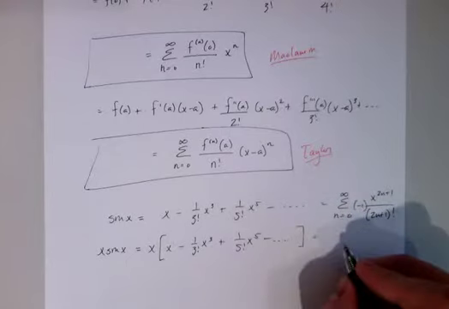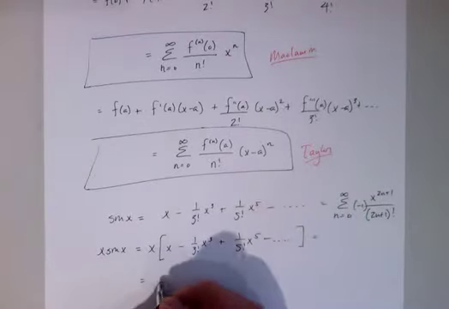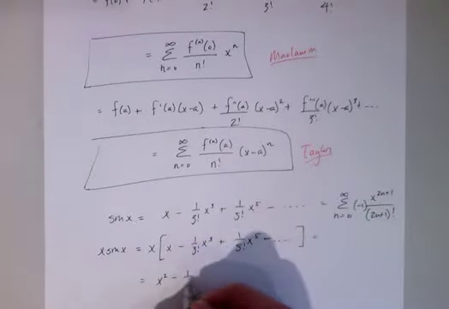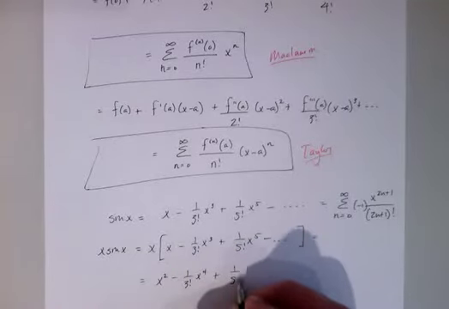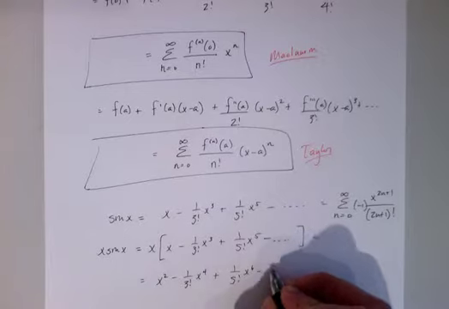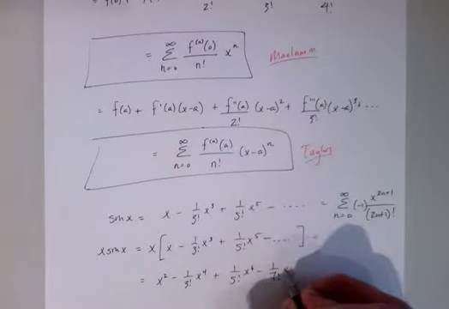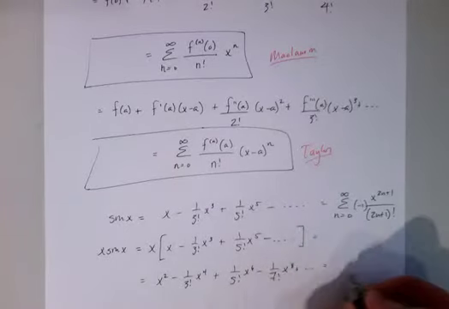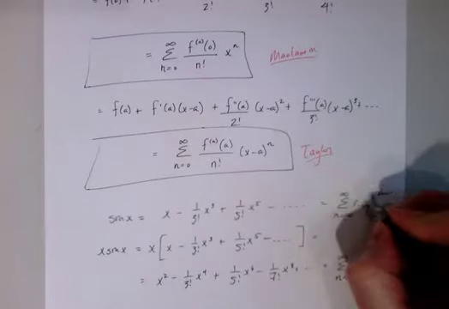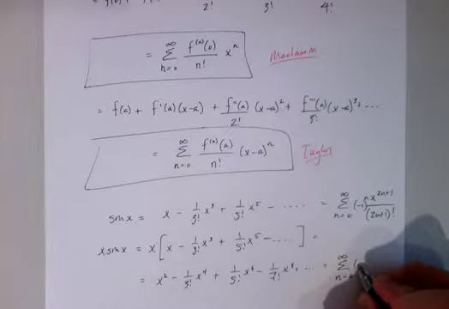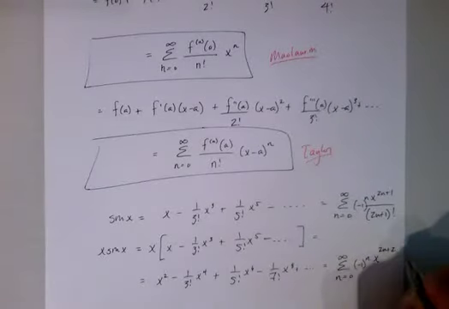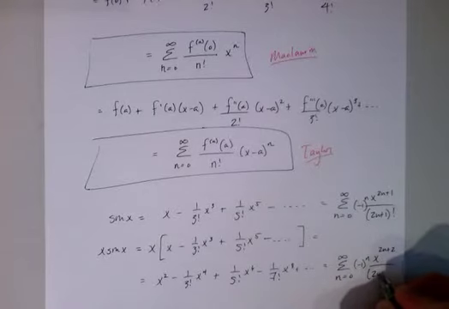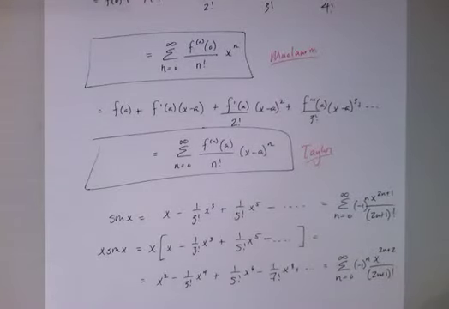Well, once you multiply it through by x, you get x squared minus 1 over 3 factorial x to the fourth plus 1 over 5 factorial x to the sixth minus 1 over 7 factorial x to the eighth plus dot dot dot. What you get here is you simply multiply the original, sorry, that's supposed to be to the n right there, negative 1 to the n, x to the 2n plus 2, because all you did was supply an extra x.